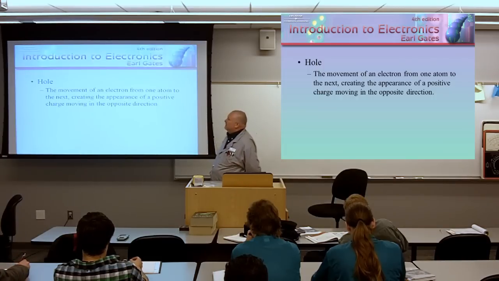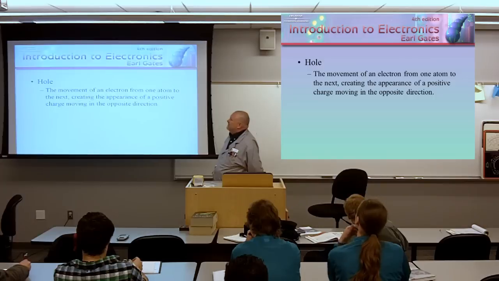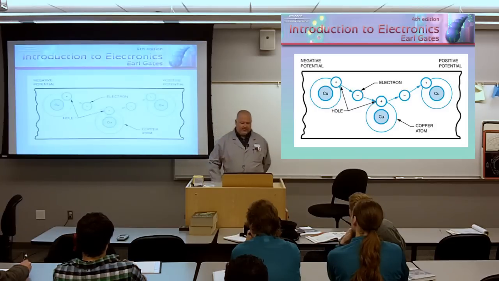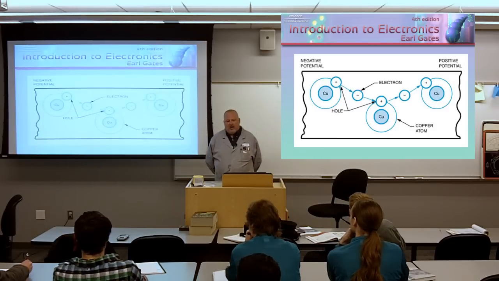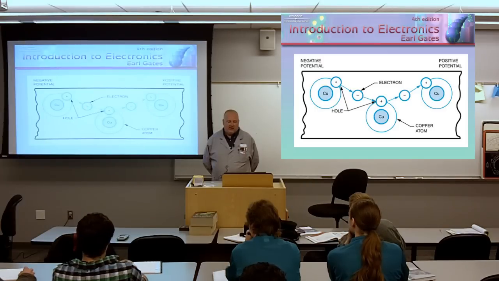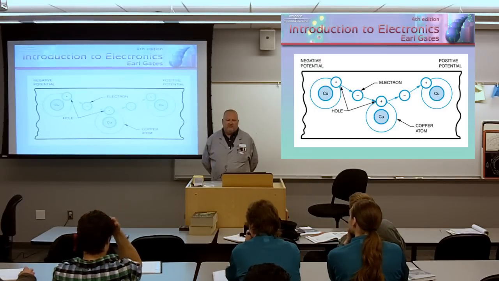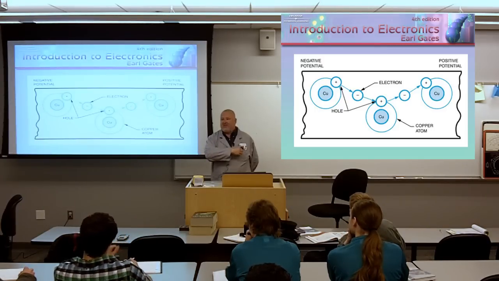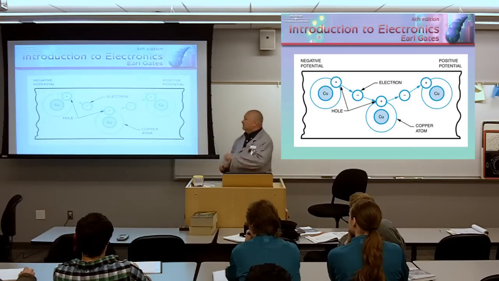So hole flow is the movement of an electron from one atom to the next, creating the appearance of a positive charge moving in the opposite direction. So that's what we call hole flow. If you had a piece of copper, which we know is a good, abundant conductor, this is kind of how the electron path would work.